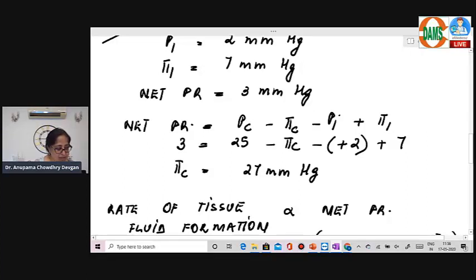All right, so this is as far as your Pi I is concerned. It is normally physiologically 0, but in certain conditions, like the AIIMS question I gave you, here the Pi I was 7. That means proteins were present even in the interstitial fluid. Have you understood?